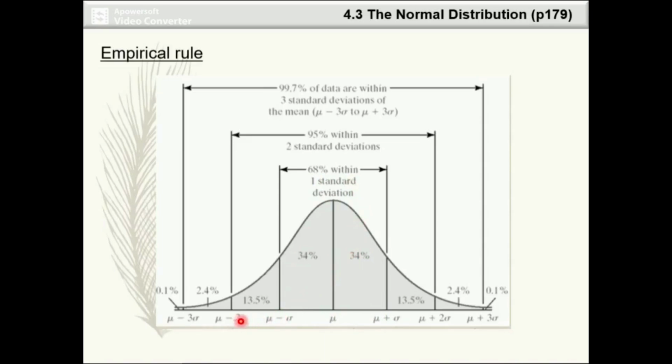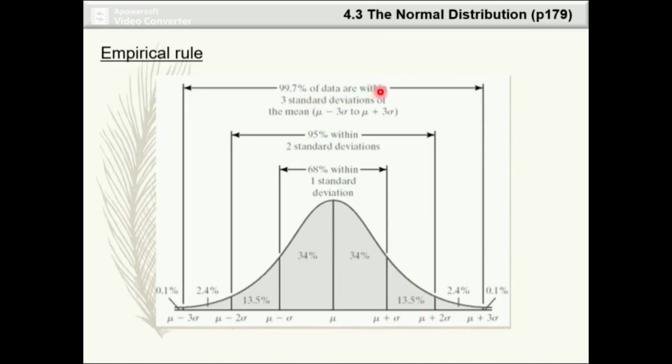The probability of an observation being within 2 standard deviations of the mean, in other words between mu minus 2 sigma and mu plus 2 sigma, is equal to 0.95, because you expect 95% of the observations to be in that region. And you expect 99.7% of your data to lie within 3 standard deviations.